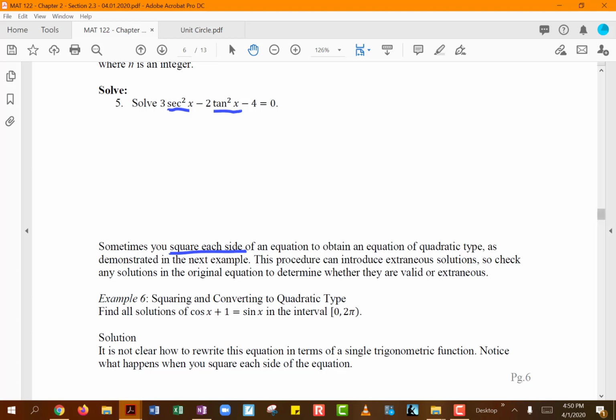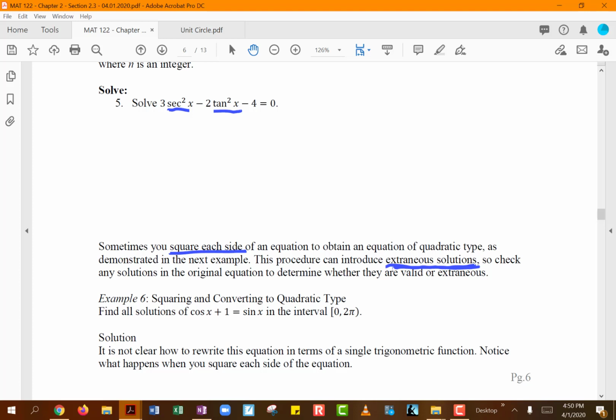But what happens, and I don't know if you guys remember this from college algebra or not, we had talked about this in college algebra also. So what happens is, if you actually take square on each side of your equation, there's a very good chance you could be getting an extraneous solution. Extraneous solution basically means you're getting an extra solution which will not satisfy the original equation that you started out with.